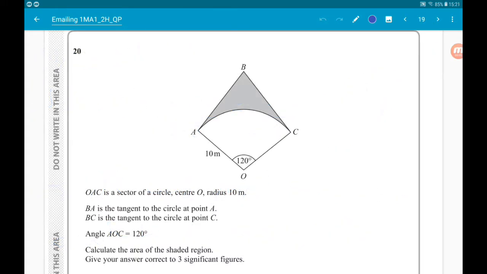Okay, number 20. This is going to be fun. So, OAC is a sector of a circle, center O, radius 10 meters. We're told that BA is tangent to the circle at point A, and BC is tangent to the circle at point C. So, before we go any further, I'm going to point out what that tells us.